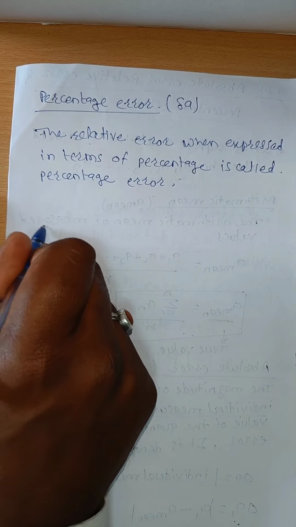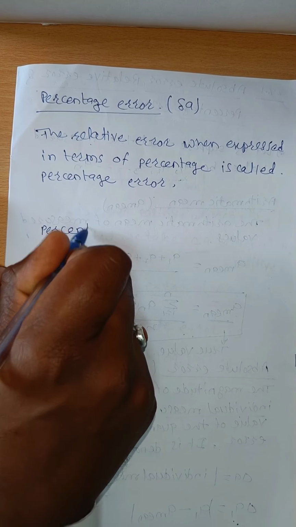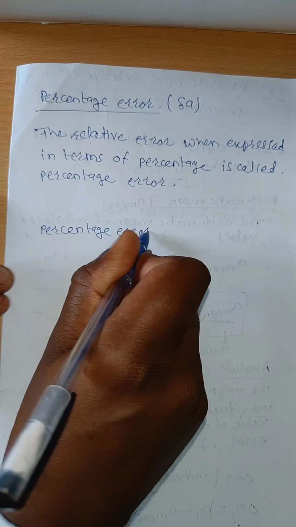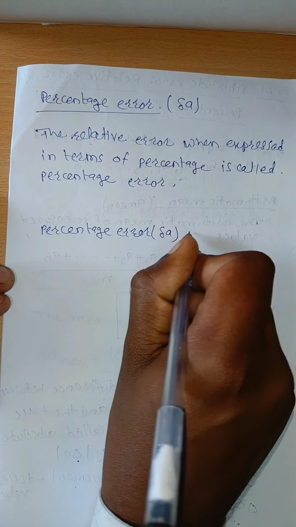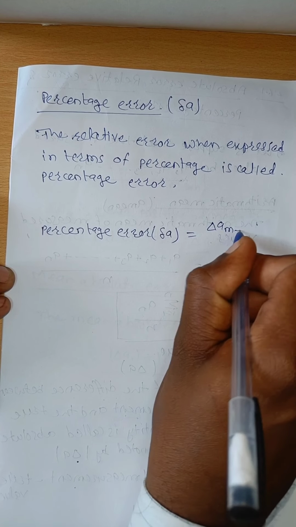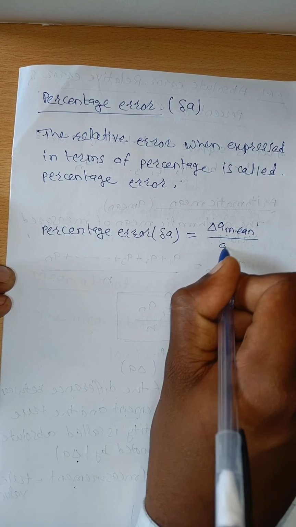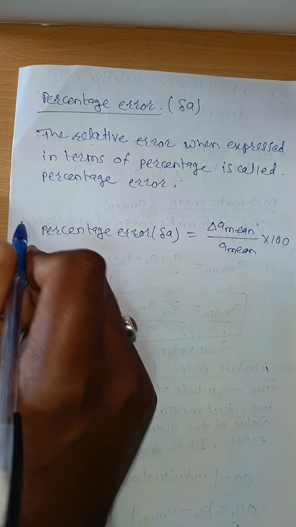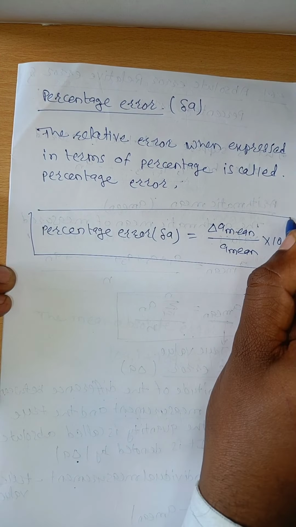Percentage error is equal to the relative error, delta A mean divided by A mean, multiplied by 100. Now this is the percentage error.